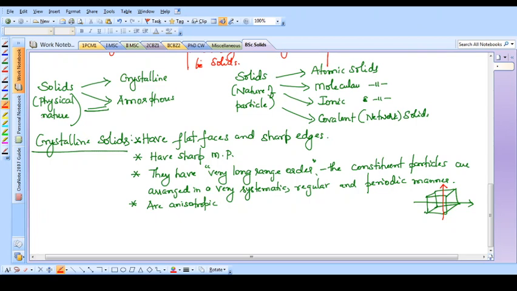Now let us list some of the important properties of amorphous solids.